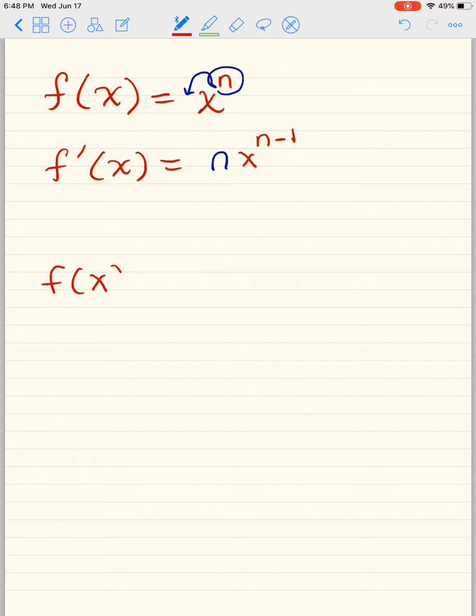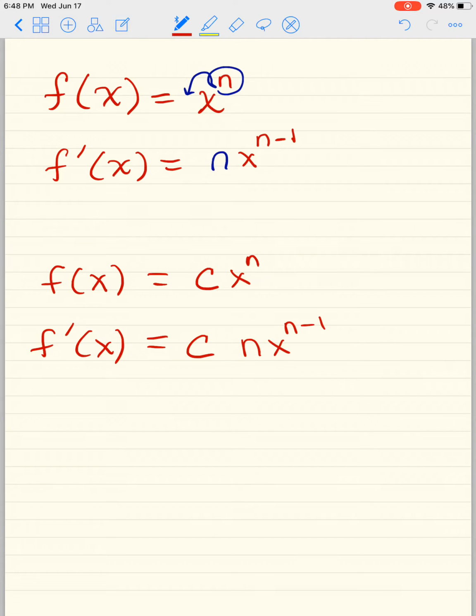You can also do it if you have a constant or a coefficient like 7, 8, 11, 12, 14 thirds, who cares? What happens there: move that c. We're going to do f prime of x. We're going to push that c to the front, and then we're going to go n, x to the n minus 1, and then we'll multiply these numbers together if possible, okay?